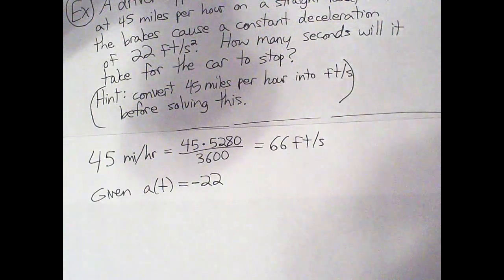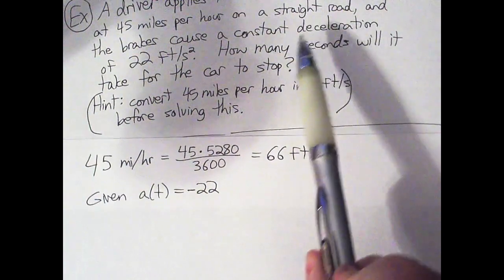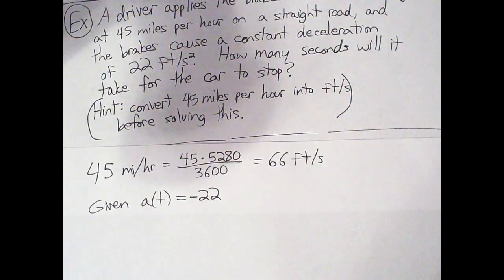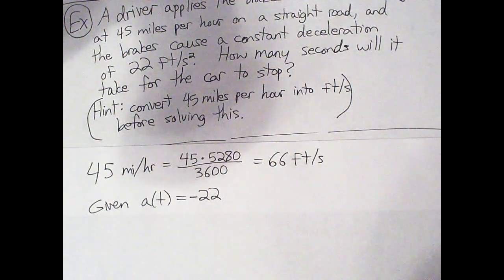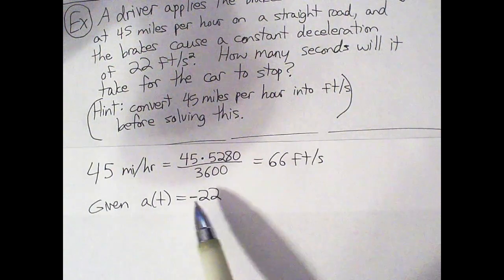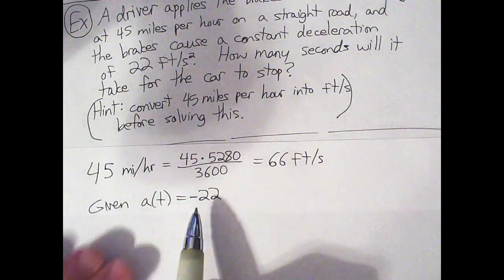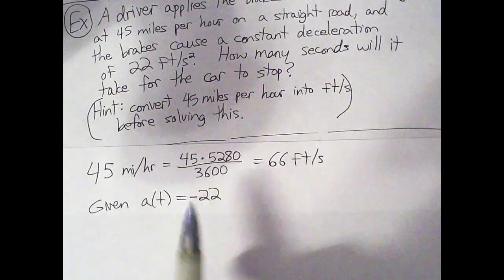That can be a little bit sneaky, but it did not say that the acceleration is 22. It said there's a deceleration of 22. So the car is slowing down, and the acceleration is negative. The rate at which the velocity is changing is a negative rate.